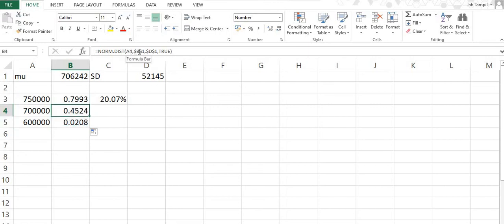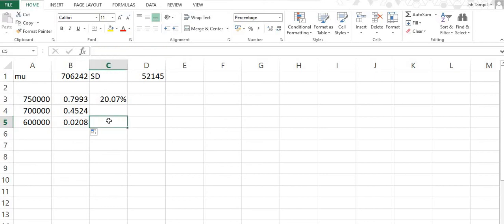And as you might have noticed, this did not change. If you drag it down, the source or the reference cell goes down as well. However, for our mean and standard deviation, it did not go down because we used F4 or the dollar sign to keep the reference there. And same goes for the other one.